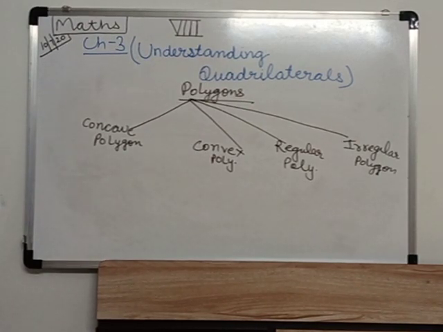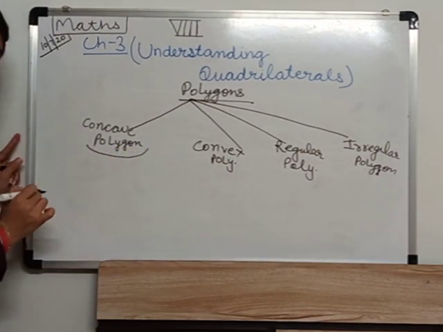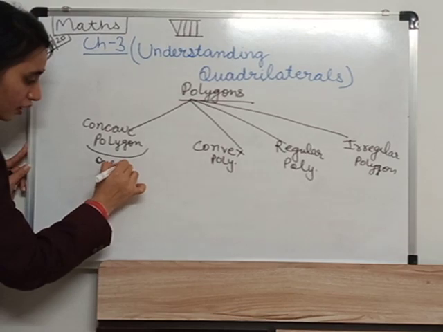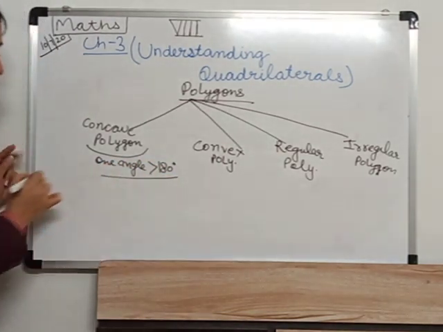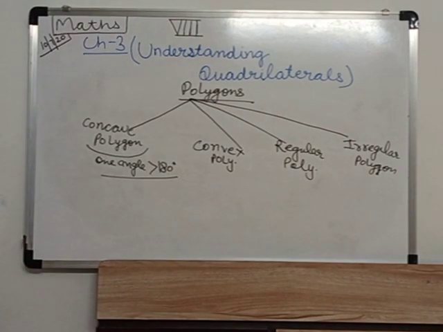First one is concave polygon. In a concave polygon, one angle is greater than 180 degrees. What are the properties of this concave polygon?